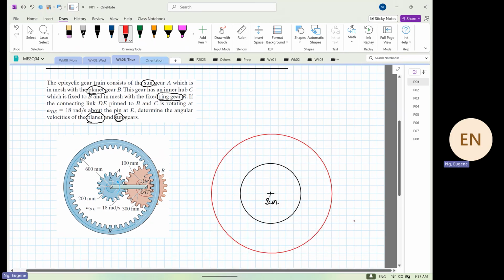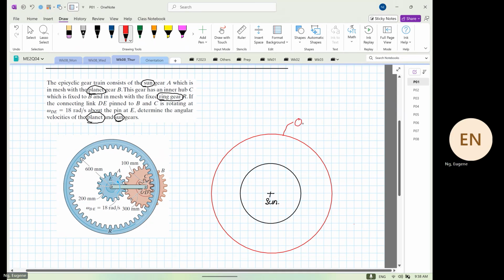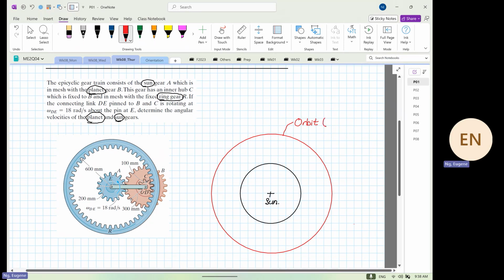And this ring that I'm going to draw, this is our orbit. Our orbit in the context of planetary gears is what we call our ring gear.